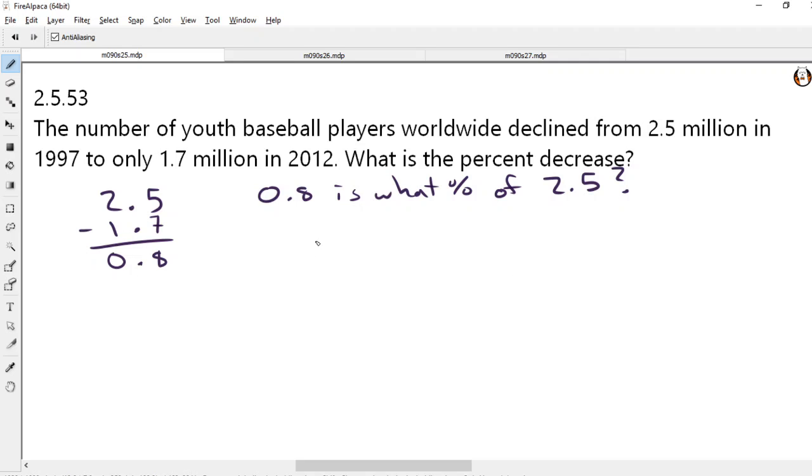So I'm going to take and divide 2.5 into 0.8. No, wait, no, I'm not.